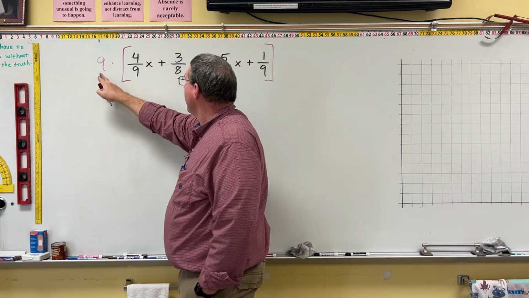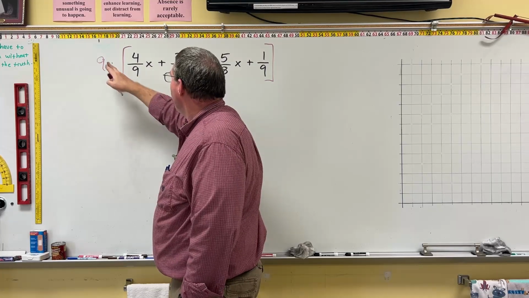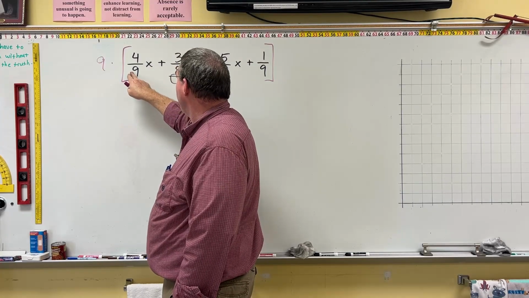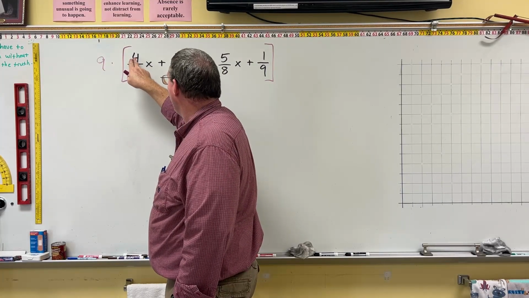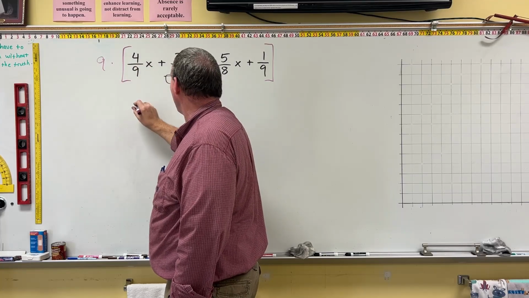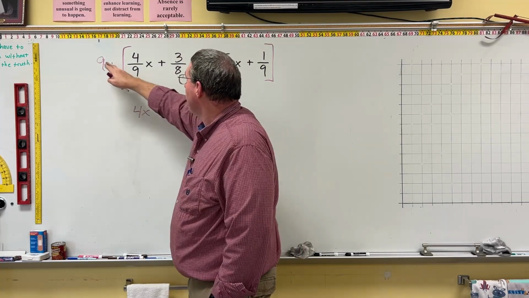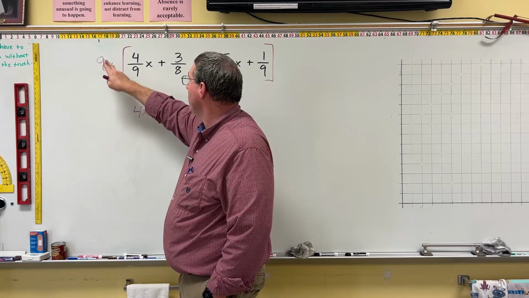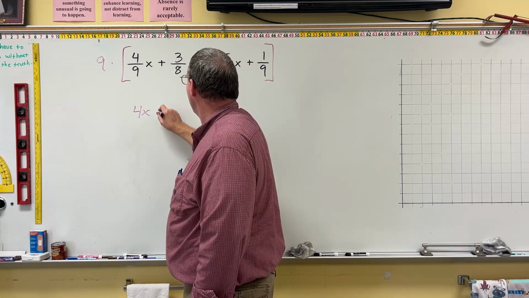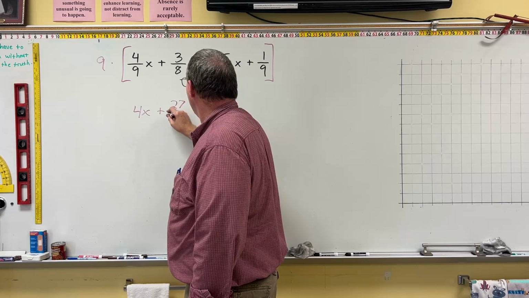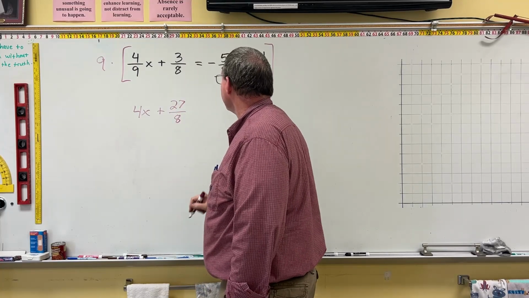When we do 9 times 4/9 x, 9 is the denominator. So the answer to this is just going to be 4x. But here with the 3/8, 9 and 8 are not the same number, so we have to do 9 times 3, which is 27, and leave it over 8.